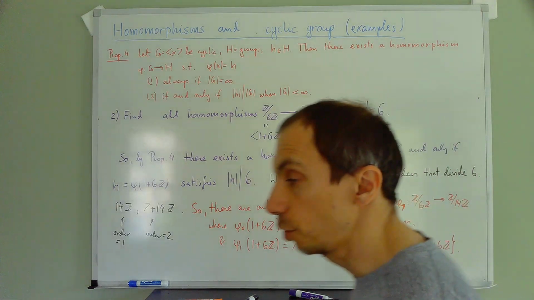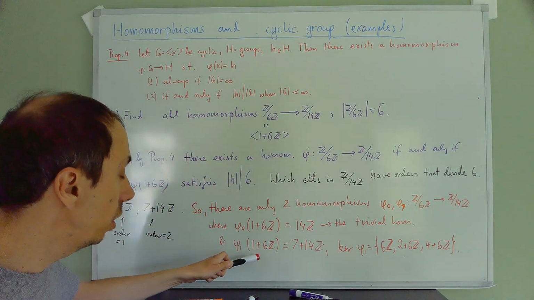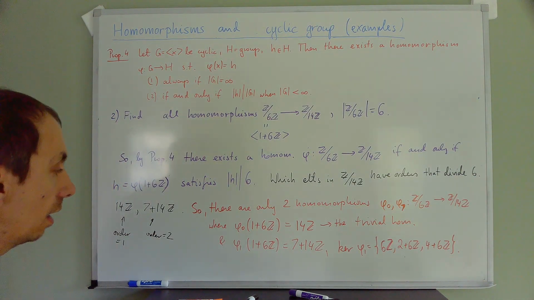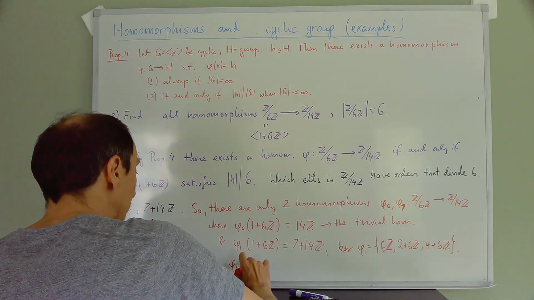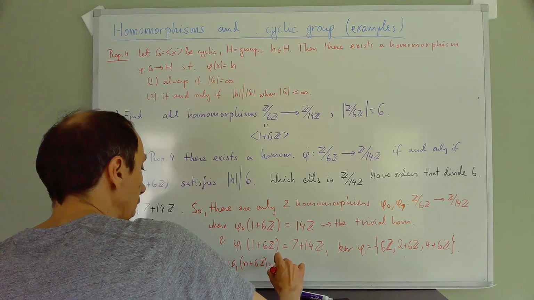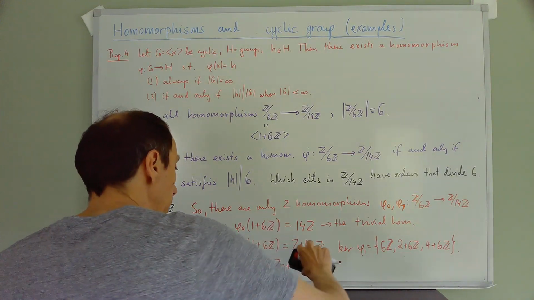So this is actually the kernel, right? You can check if you plug in any of these elements into the homomorphism, you get that, because you can have a formula: phi of n plus 6Z is equal to 7n plus 14Z.